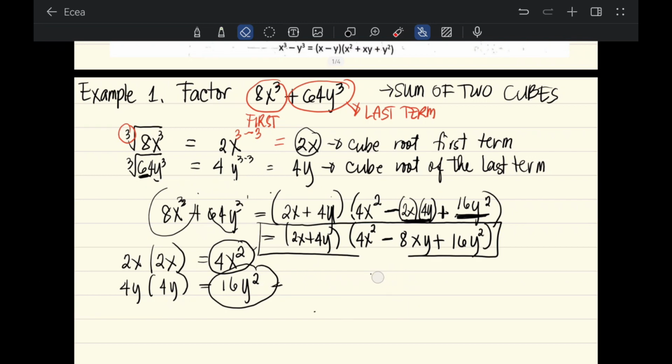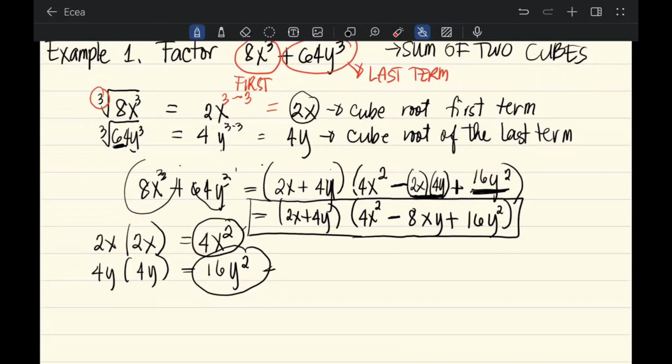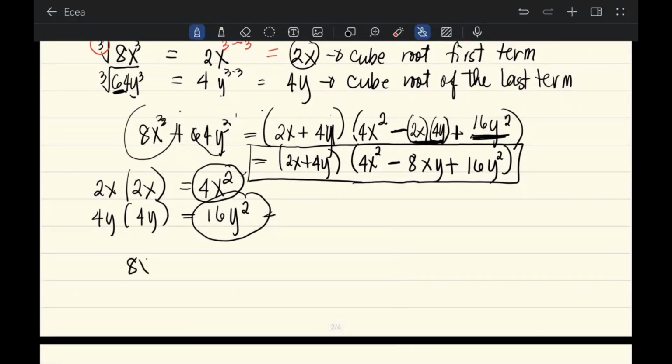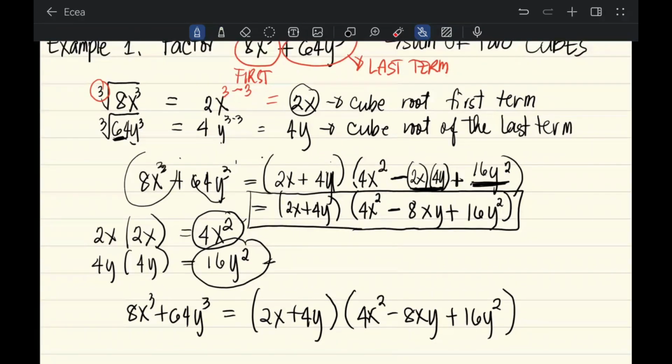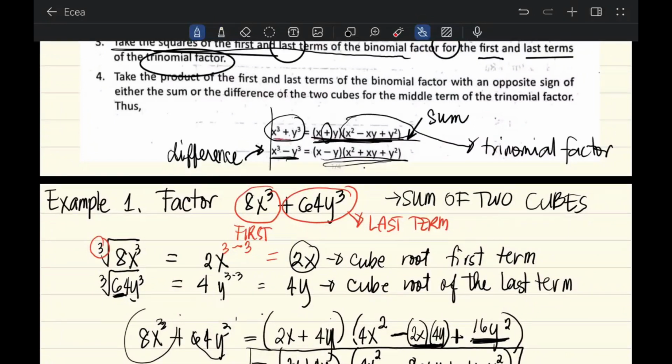So, ang factors ni 8x cubed plus 64y cubed is equal to 2x plus 4y times the quantity of 4x squared minus 8xy plus 16y squared. Ang key lang jud ani para dili masayop sa signs is to follow this formula nga gihatag.